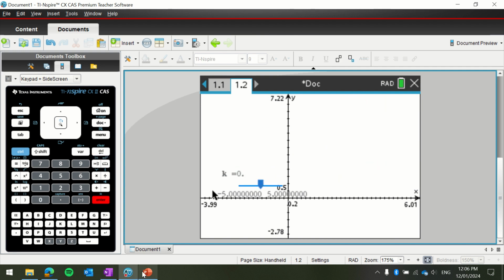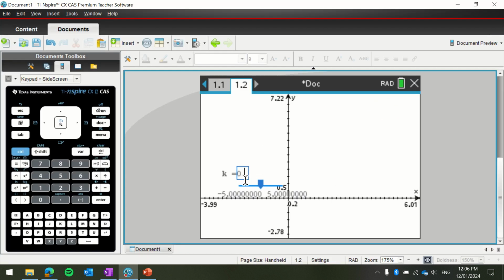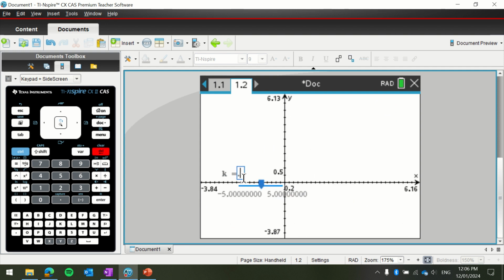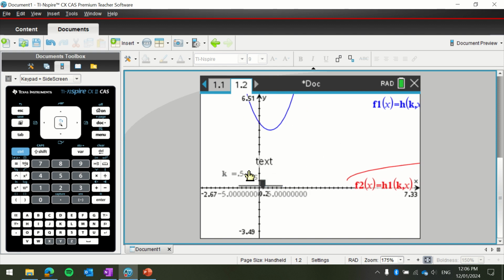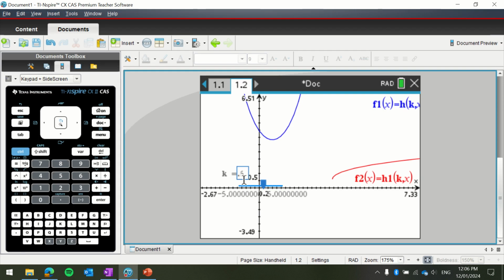It's undefined as expected because the condition says k cannot be 0. Now, 0.1 doesn't give us much. Yep, here we go, 0.5, they are here. If we keep increasing it, they get closer. Oh, sorry, 0.6, it gets closer.